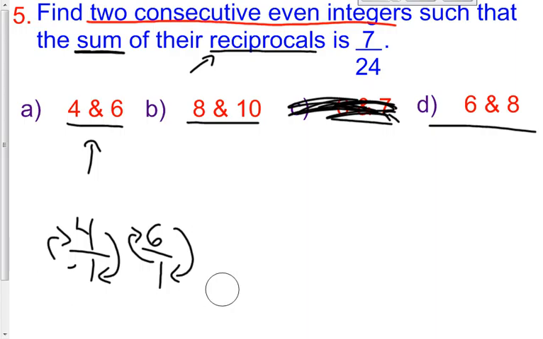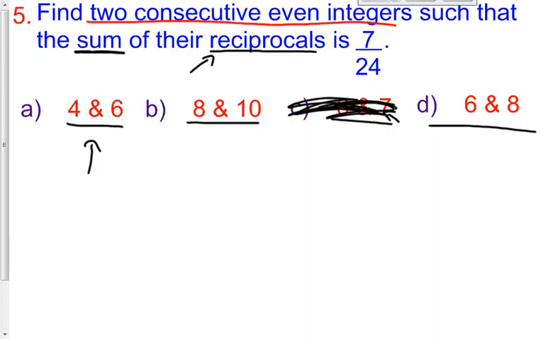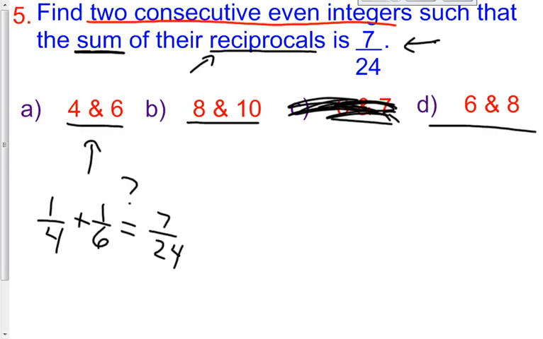So as we write this equation down now, the sum of their reciprocals, 1/4 plus 1/6, does that equal 7/24? That's going to be our question. Or is letter B the correct answer? Does 1/8 plus 1/10 equal 7/24?